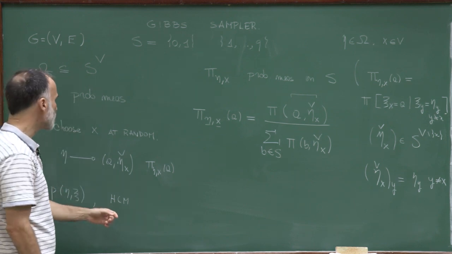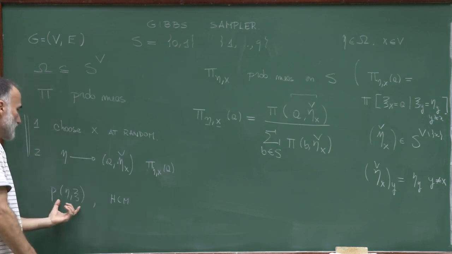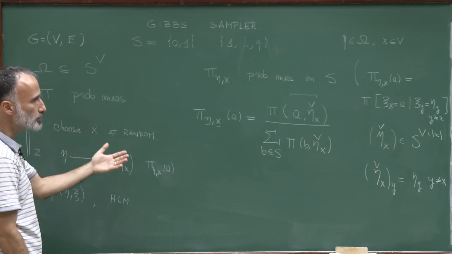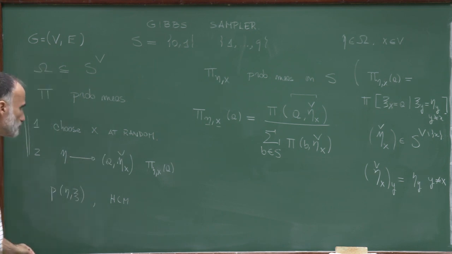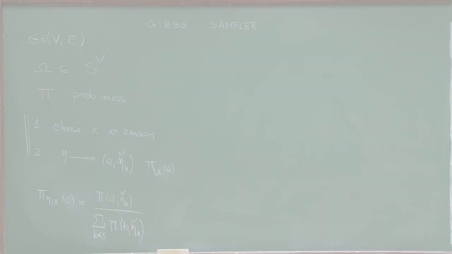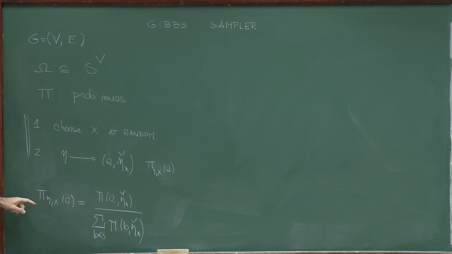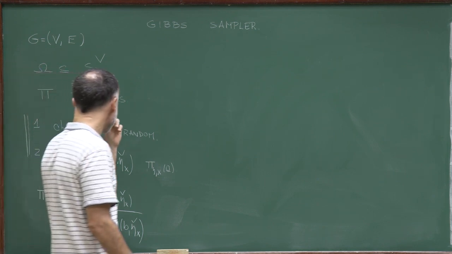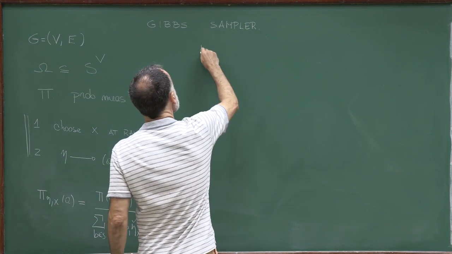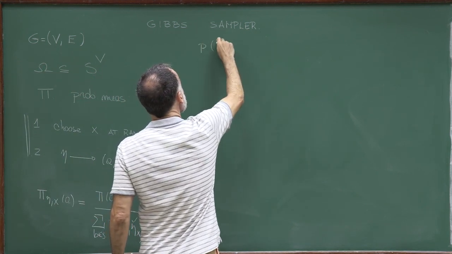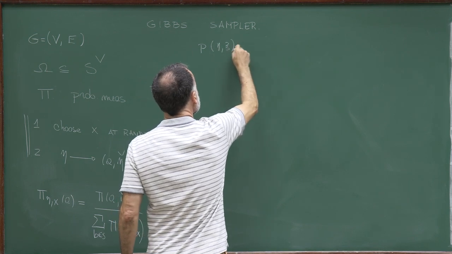And finally, that this algorithm, that is this Markov chain, has the 3 properties needed. So I just wrote here the formula for this measure. And now let me obtain a formula for p. So I want p eta xi.